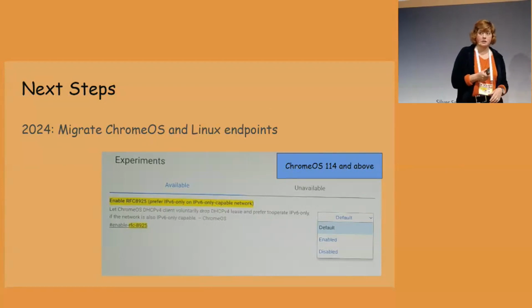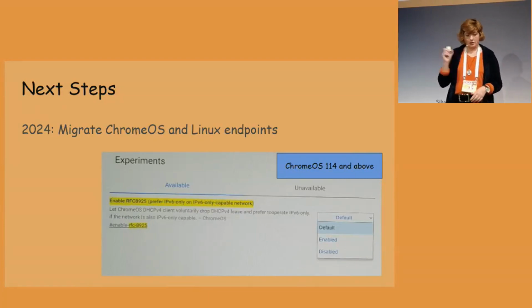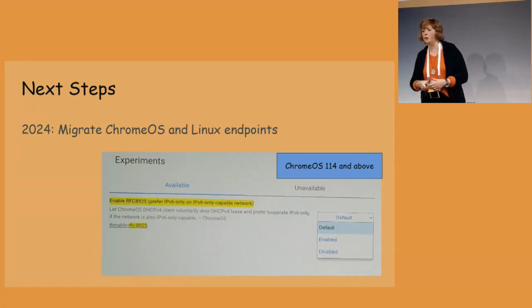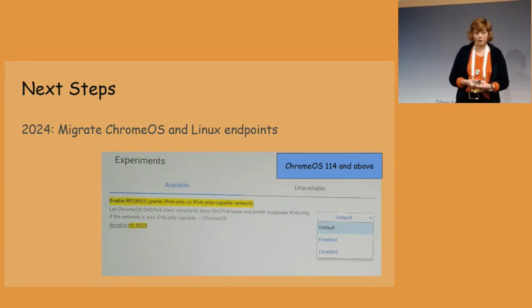Chrome OS, starting from 114, supports option 108. It's disabled by default. You can go into flags or settings, whatever it's called, and enable it. For Linux, you can again enable that stuff manually, but there is no 464XLAT CLAT implementation in the standard package of Linux, so there is some work to be done there as well.